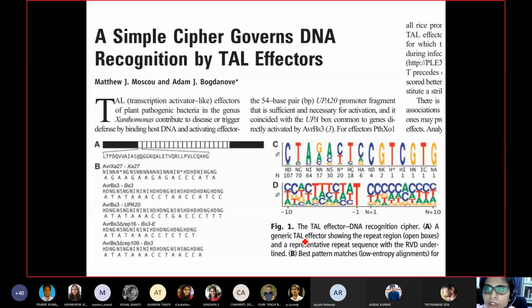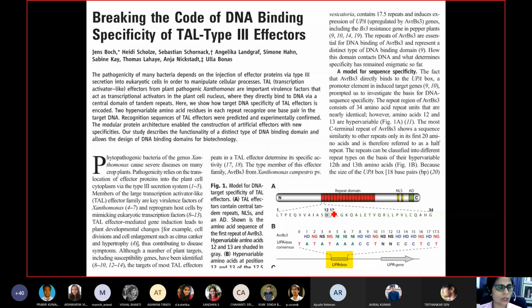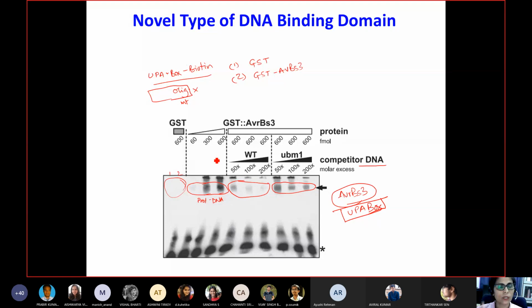So far we knew that the repeat sequences are important, but we didn't know exactly how the one-to-one binding is happening, like whether repeats are important or which bases are making contact, similar to zinc finger domains.